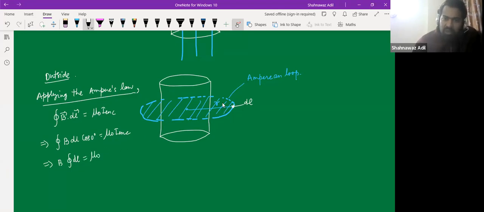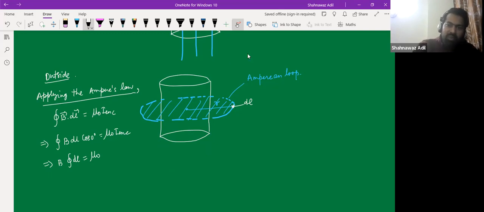And how much current would be within this disk? How much current is passing through this disk? Yes, the current will be equal to I. This whole bigger disk is incorporating the whole current, right?